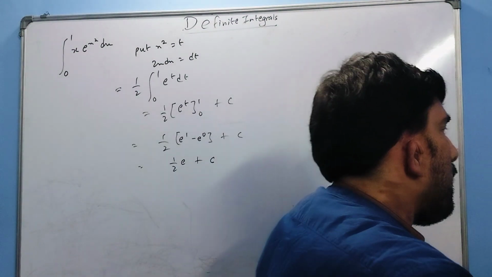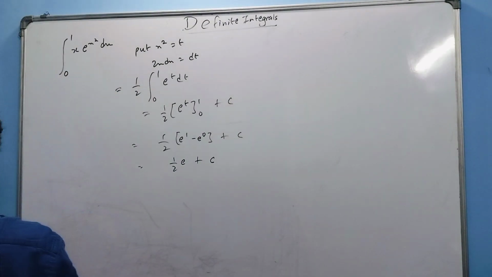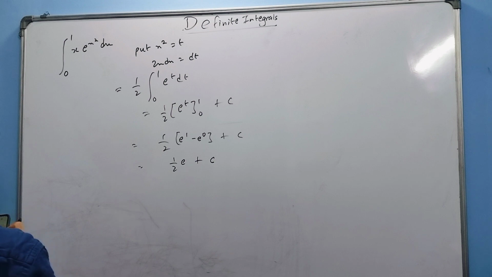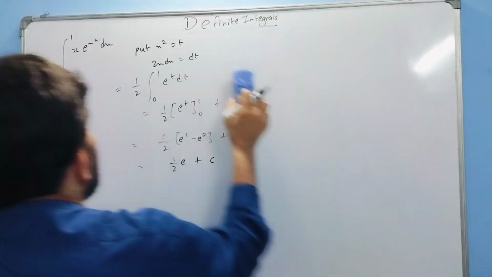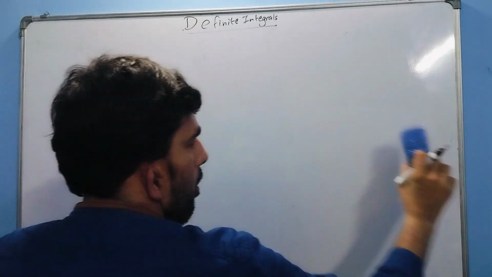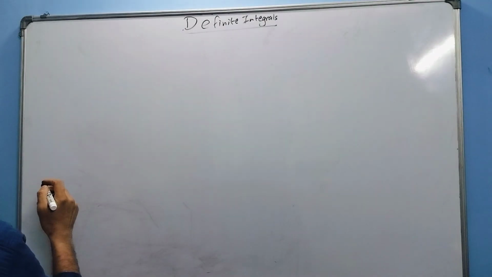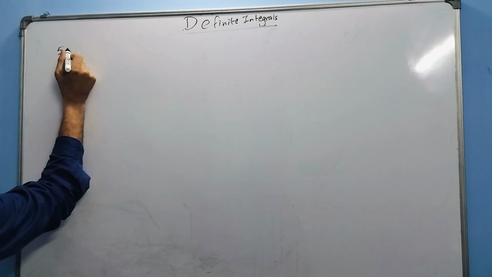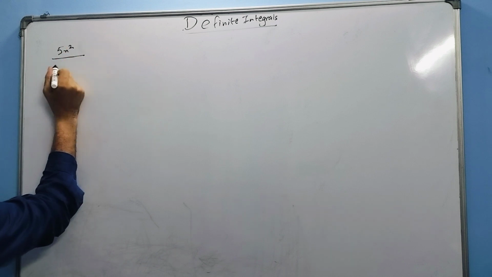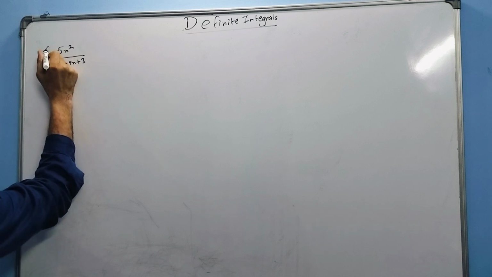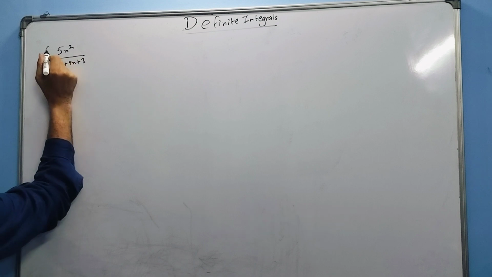Now let us try to find another value of a definite integral. Now I have the question, that is 5x² upon x² + 4x + 3.